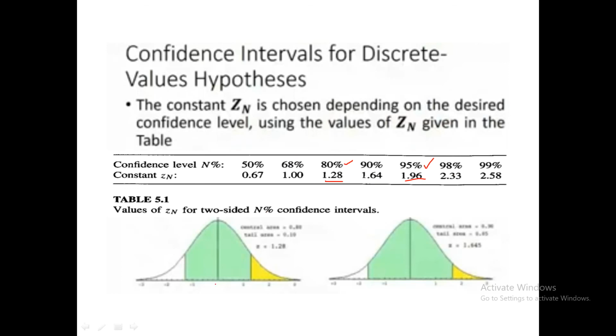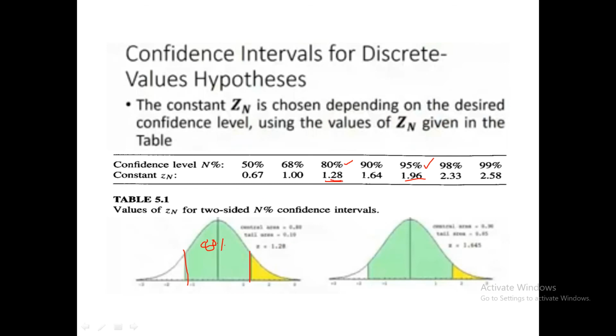Clear? Now if you take this example, this is a normal distribution graph where this entire green region is our 80% confidence. Now 80% of your data lies here. That means your true error lies between this. When you are considering 80%, what is your Z value?